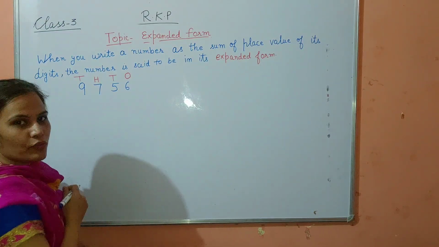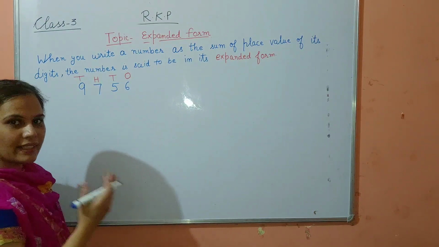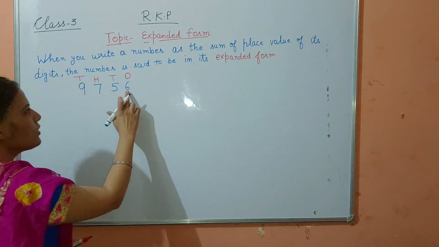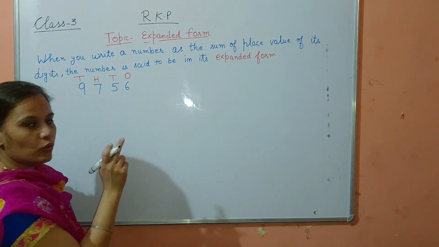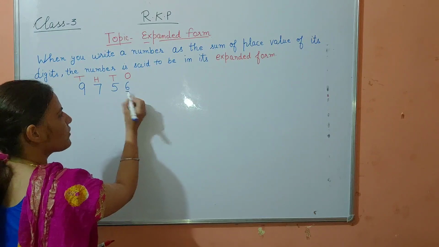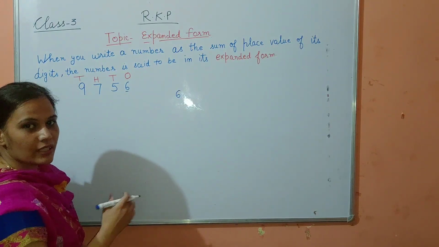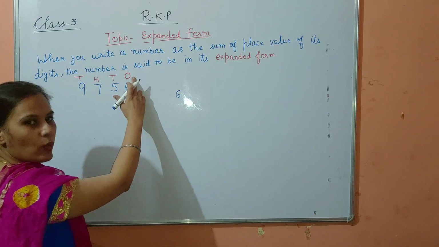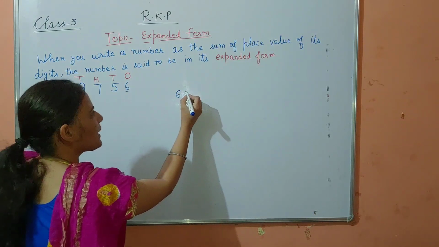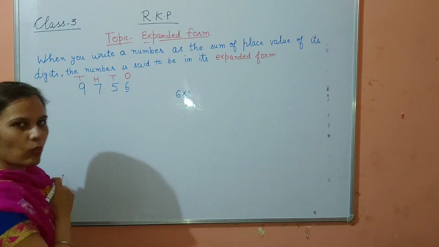What is the place value of 6? Can you do it directly? As I told you, you multiply the face value with its place. Its place is ones, so I would multiply it with 1.